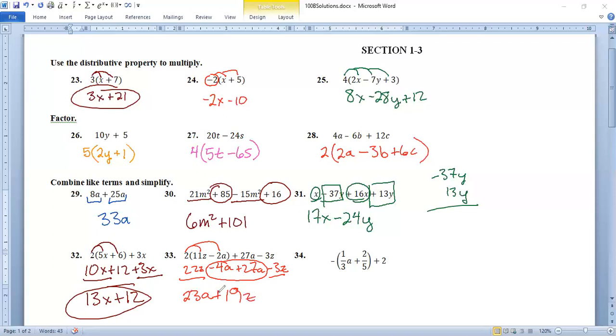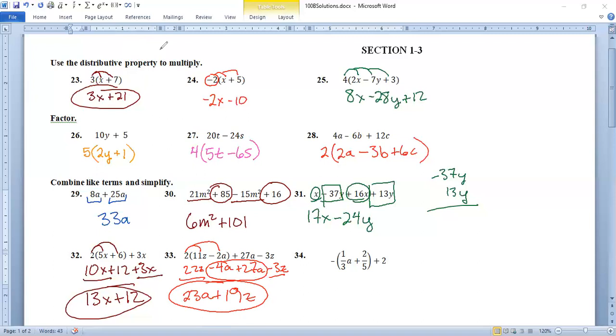And yeah, it's awesome. Now, the answer we could write is 19z plus 23a. The commutative property would allow us to write that in any order, if we keep the terms together. So if the book has 19z plus 23a, or if that's how you decide to write it, that's perfectly fine.